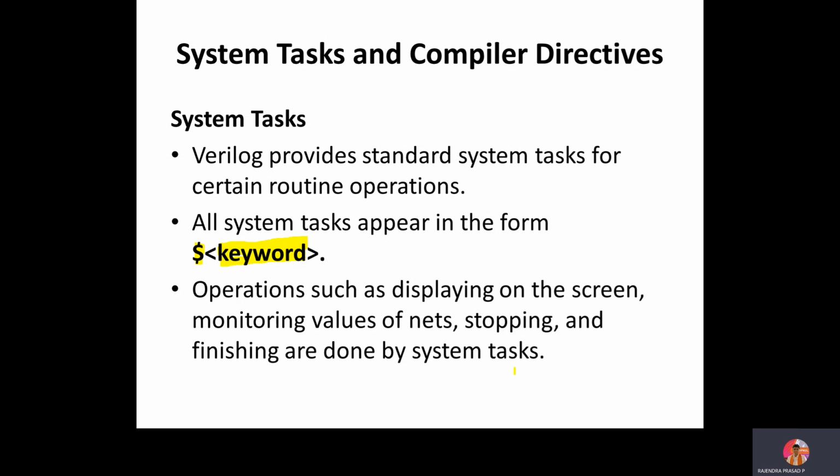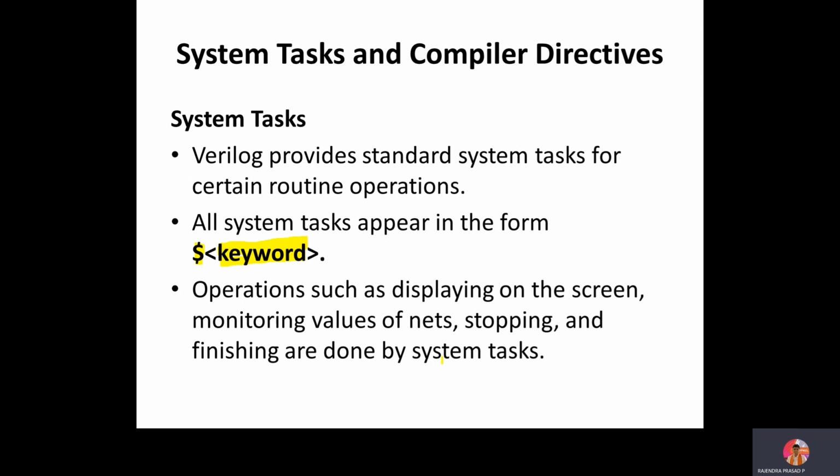So as I said, when I want to display something, you can do that by using the keyword dollar display. When I want to monitor some of the variables, I can use dollar monitor. If I want to start the functioning of the operator, or measure the time, you can do that also. You can stop, finish, or end as well.